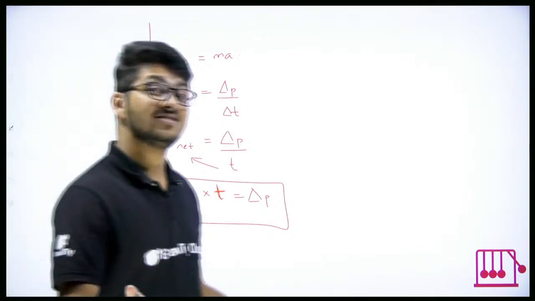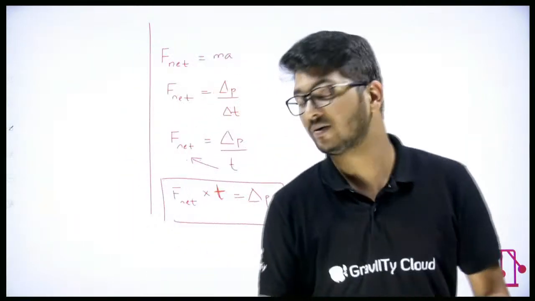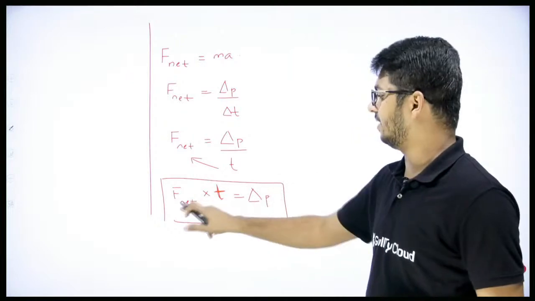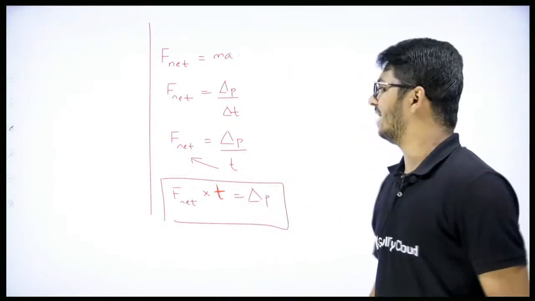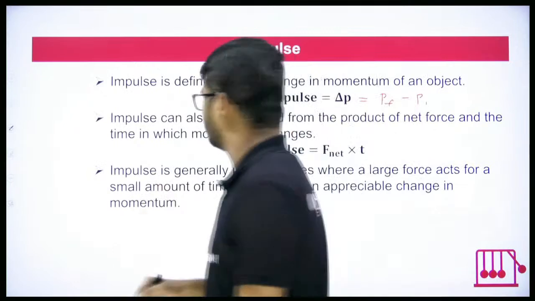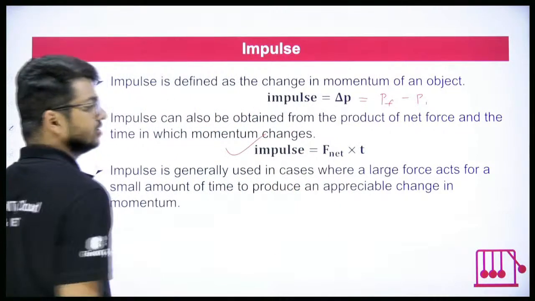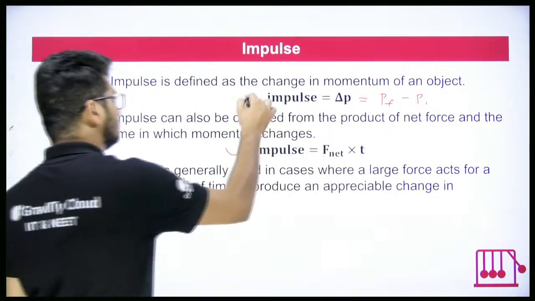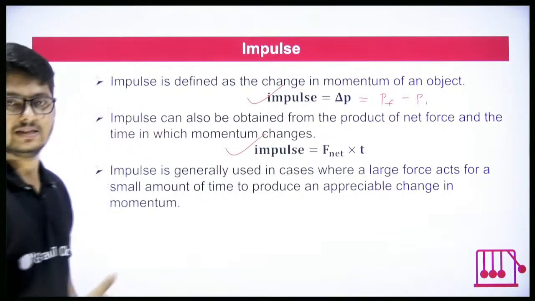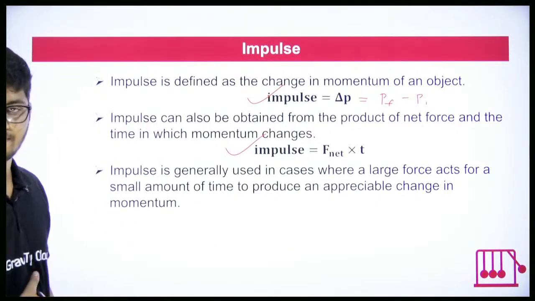And what is impulse? Impulse is change in momentum. So the same change in momentum is equal to net force into time. So that is the reason why impulse can also be defined as net force into time. The same impulse is equal to change in momentum. It is equal to net force into time.